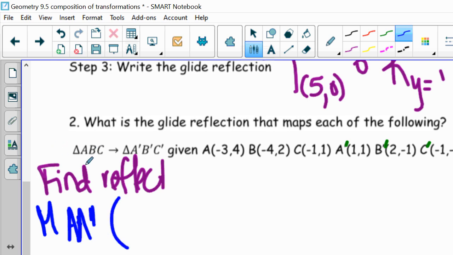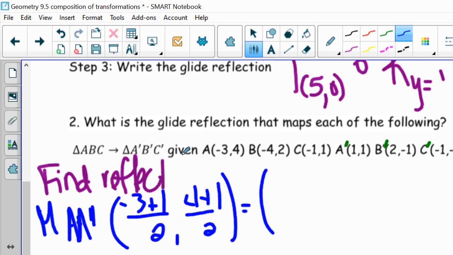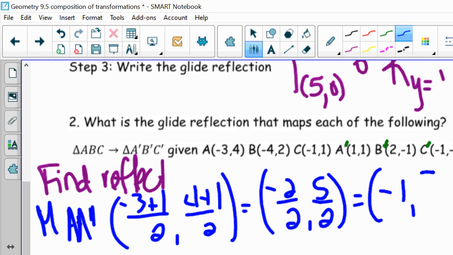We'll do A double prime first. So if I do A double prime, I've got -3 plus 1 cut in half, 4 plus 1 cut in half. So this turns to -2 divided by 2, 5 divided by 2. So my midpoint here is -1, 5/2. I see that it's a vertical line, but just in case you can't see that, I would find the midpoint of another.